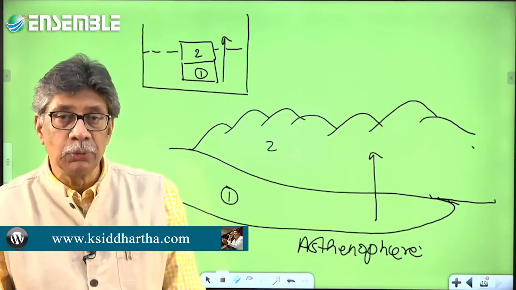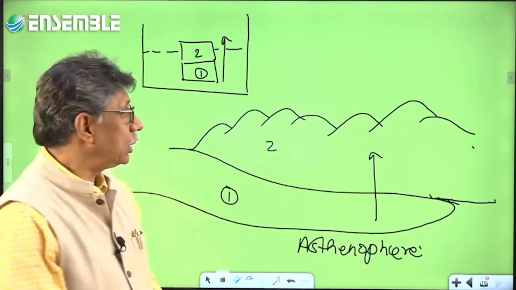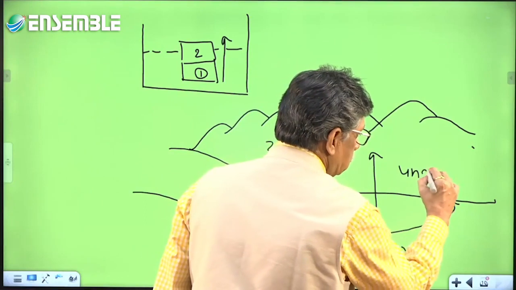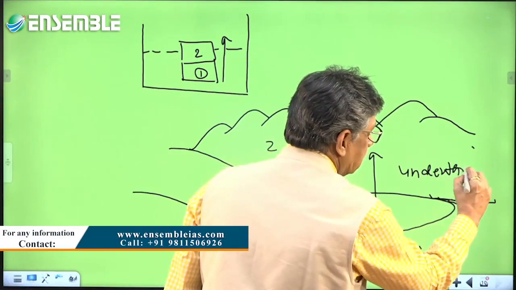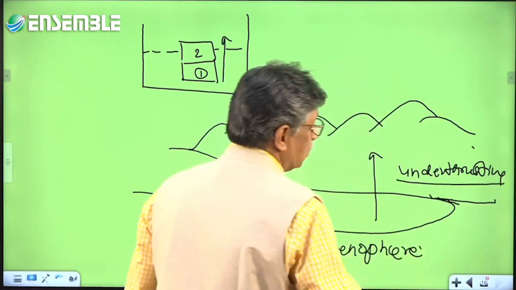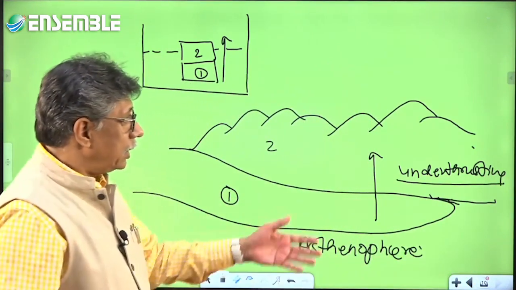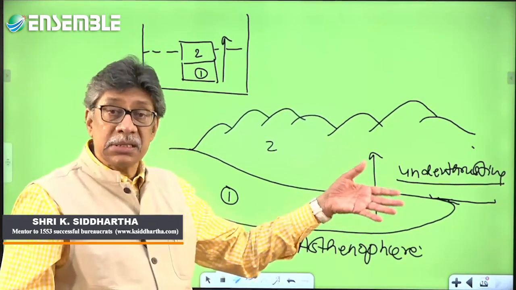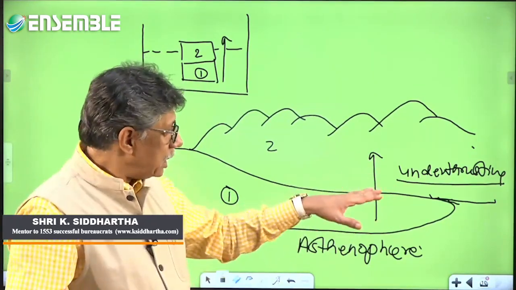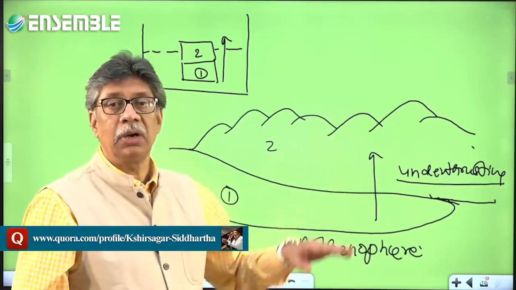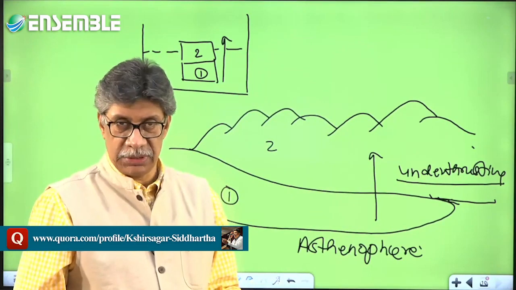This is what is going to be called under thrusting. And because under thrusting took place, it is this under thrusting, I repeat, it is this under thrusting that has been largely responsible for the upliftment of the Tibetan Plateau region.